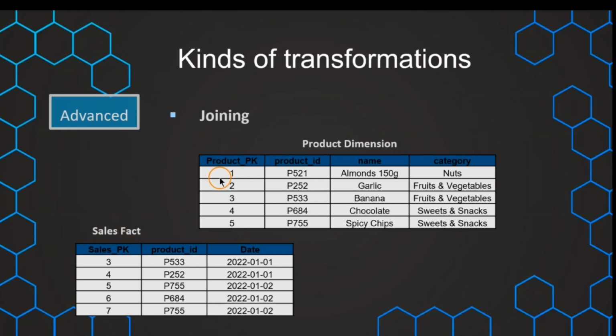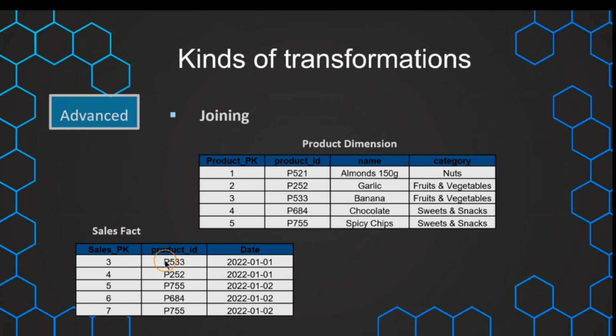That's why we add a surrogate key into our dimension table, but now we still need to reference this key as a foreign key in our fact table. So we have only this natural key, and now we also want to bring in the surrogate key for the product dimension. This is something that we usually do by joining the data.